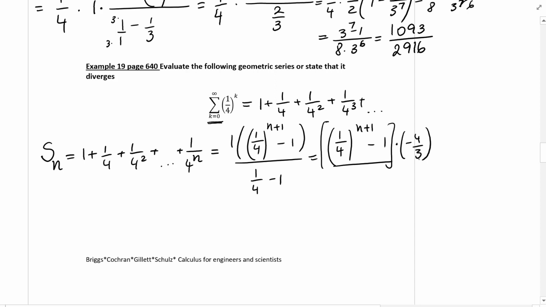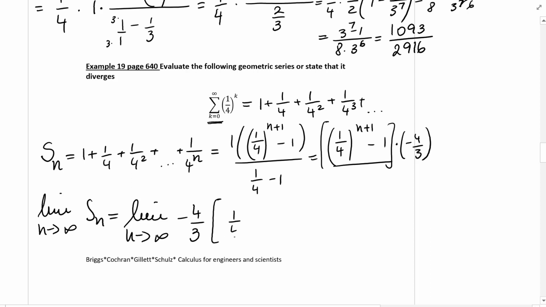So the limit as n is approaching infinity of S sub n is the limit of what I wrote here. I can put negative 4 over 3 first, and then 1 over 4 to the n plus 1 minus 1. Now this quantity is approaching 0, right? We saw that this sequence approaches 0.